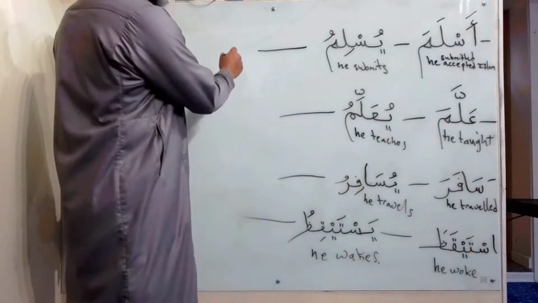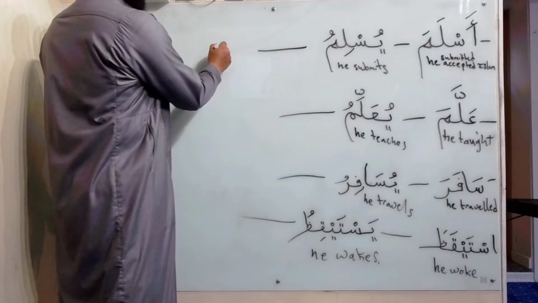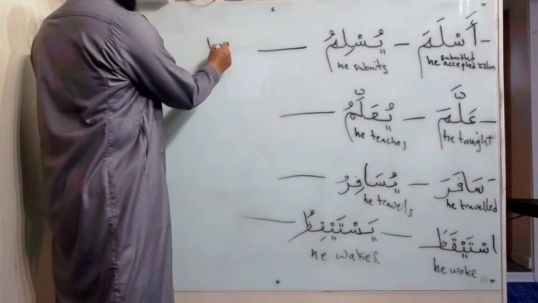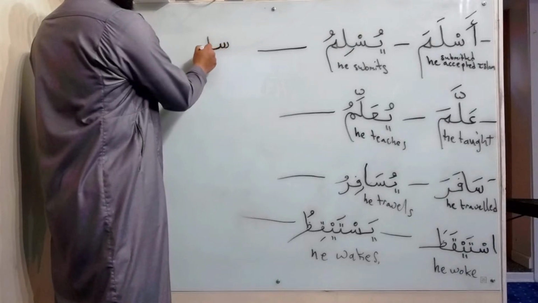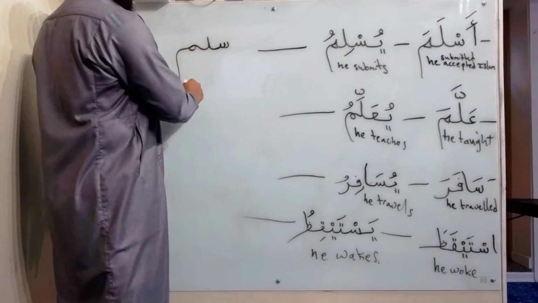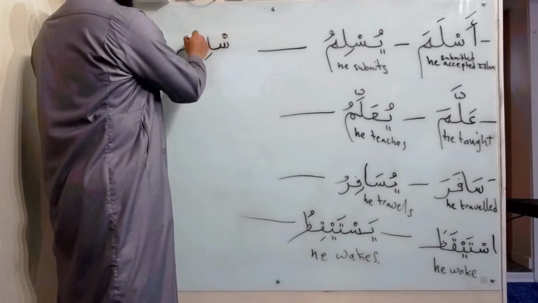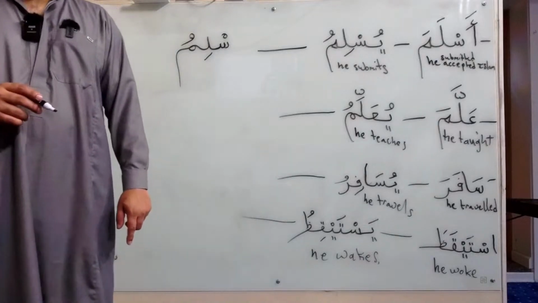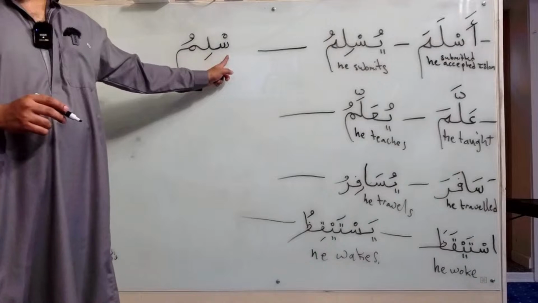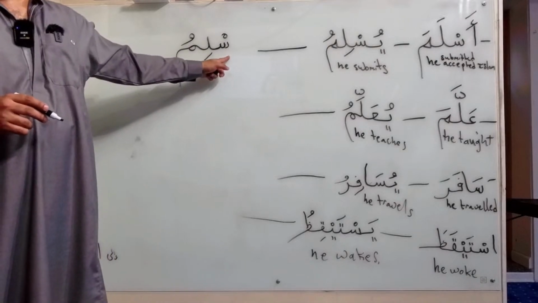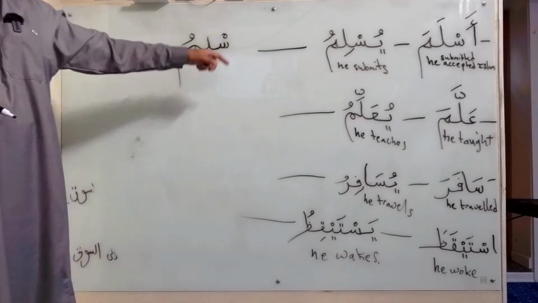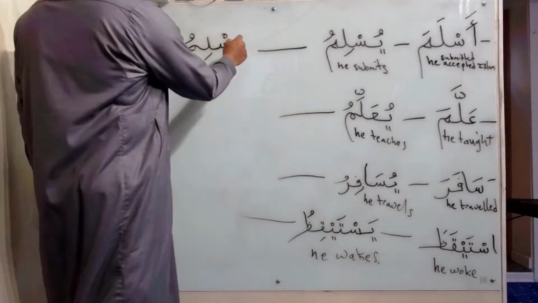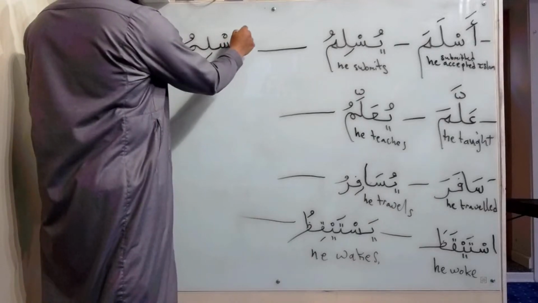So if you take out the ya of yuslimu, you end up with uslimu, but there's no U. Then you add a meem with a dhamma.